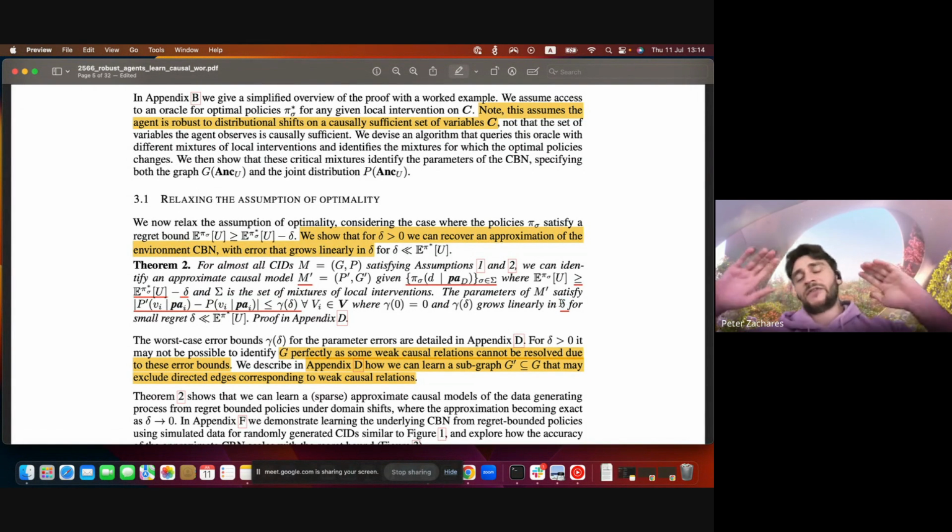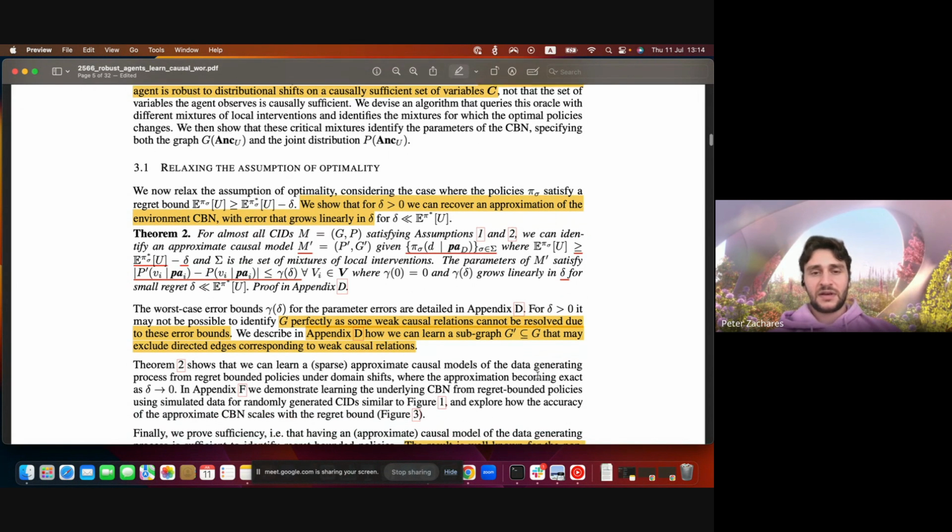So basically, if you can regret bound the policies that you have access to for the set of interventions, then you can also bound the error with respect to your causal model, which means that you can approximately recover your causal model even when you don't have optimal policies, given that they're sufficiently good.